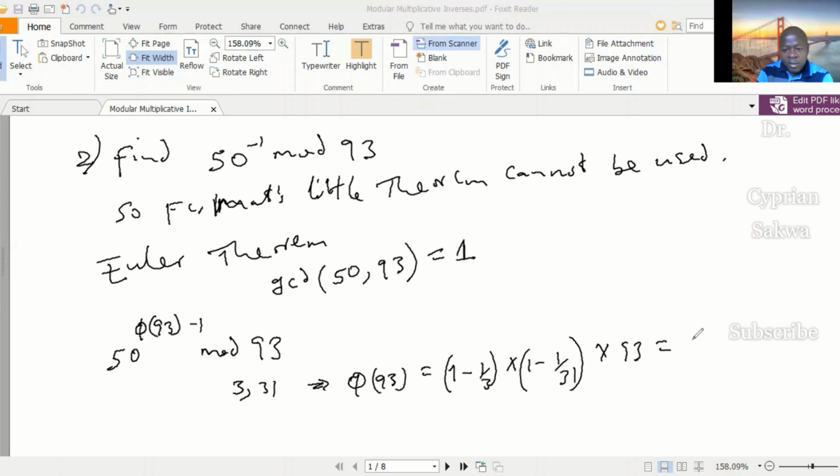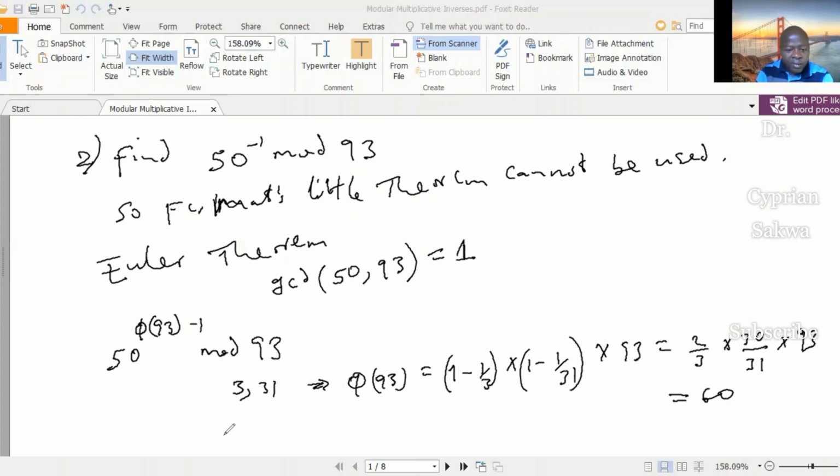This is just 2 out of 3 times 30 out of 31 times 93, and that gives you 60. So the Euler phi of 93 is 60.